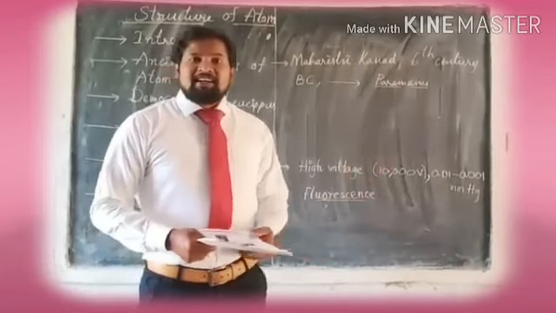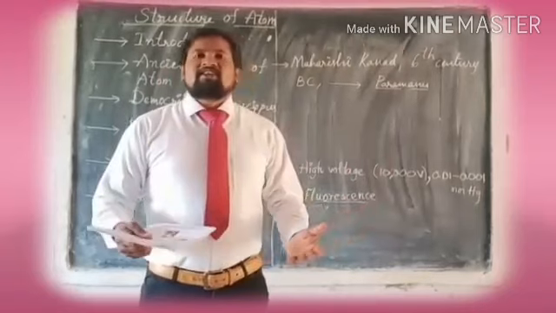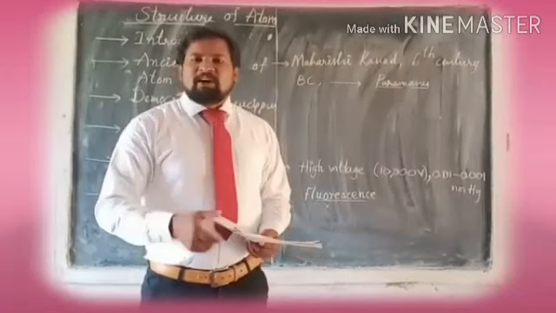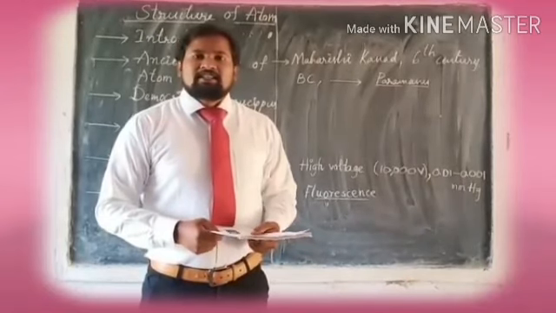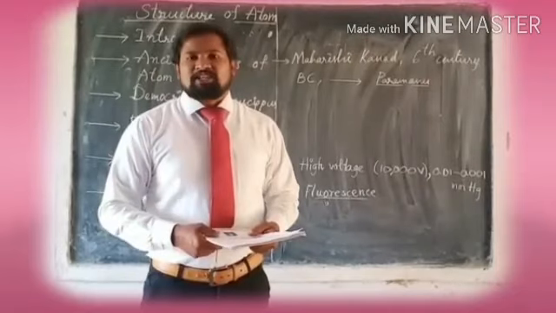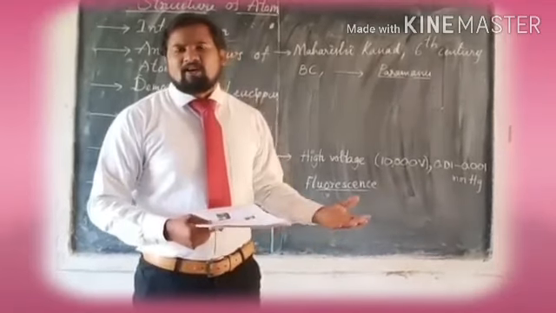Maharshi Kanad said the matter is continuous and it is made up of tiny coin-like particles called Paramanu. The word Paramanu was taken from Sanskrit. Let's see the meaning of Paramanu.